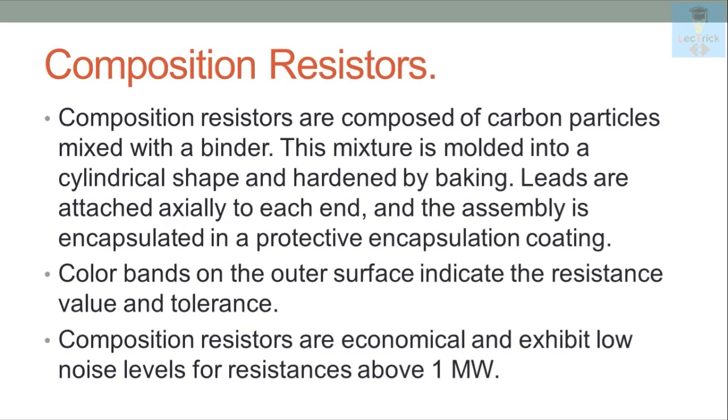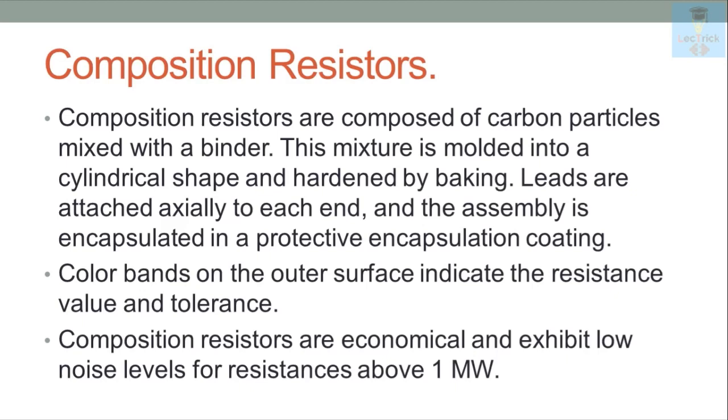This mixture is molded into a cylindrical shape and hardened by baking. Leads are attached axially to each end and the assembly is encapsulated in a protective coating. The color bands on the outer surface we already calculated, giving the resistance value and its tolerance. The fourth band will be tolerance.